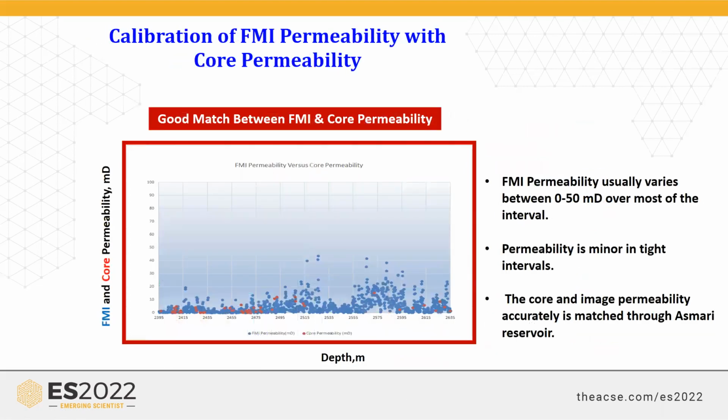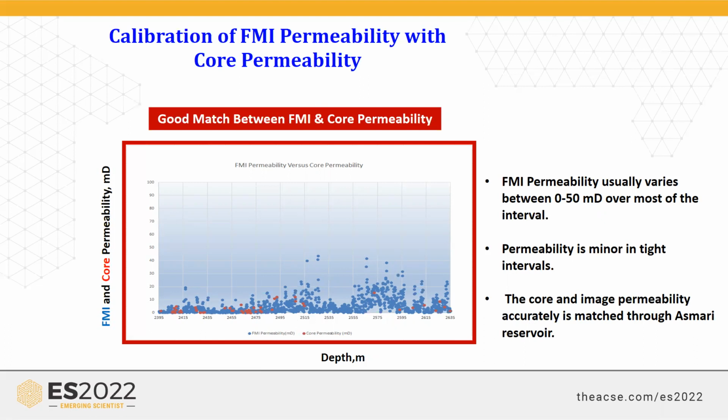And here, as we said, we cannot always record core data, because in a highly fractured reservoir we cannot get full core coverage, the core is always breaking, and we cannot get full information of fractures on the cores.